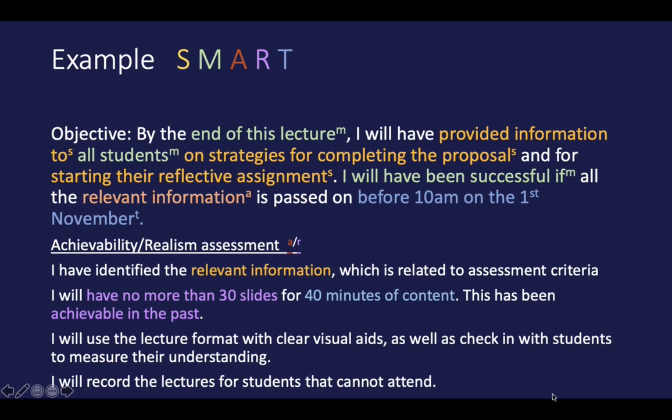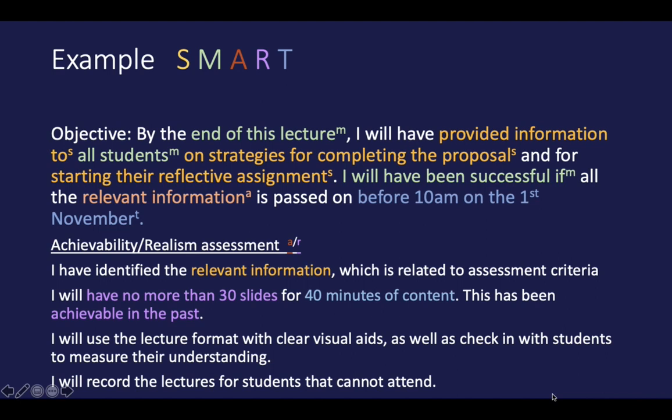So again, specific. I will have been successful, so again, a measured statement, if all the relevant information, again, the achievable part, is passed on or before the 10 a.m. on the 1st of November. So we've actually put a relevant time frame in there as well.